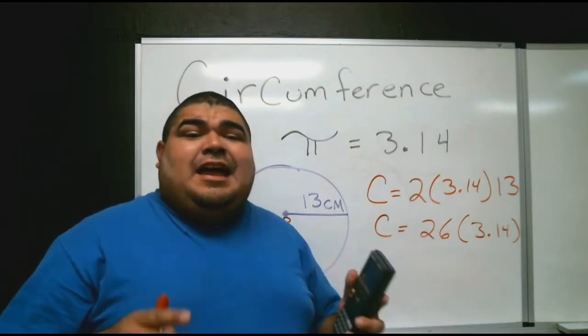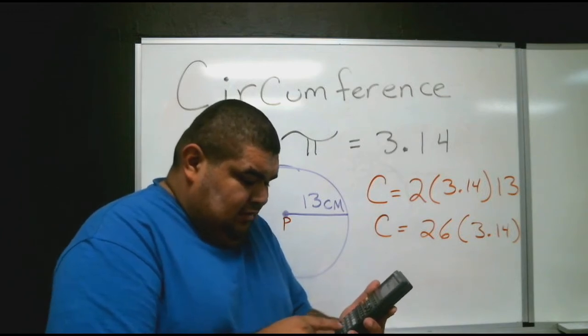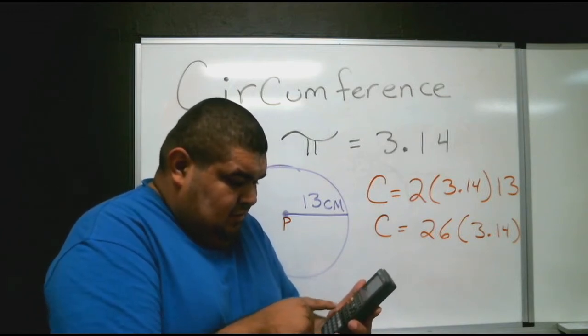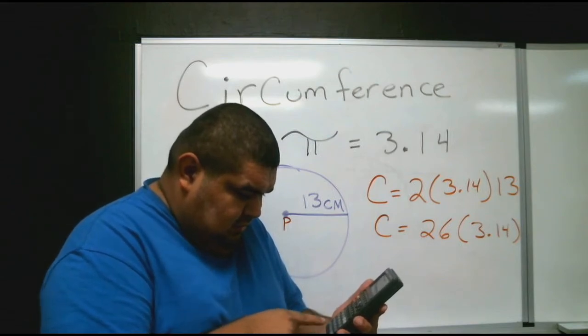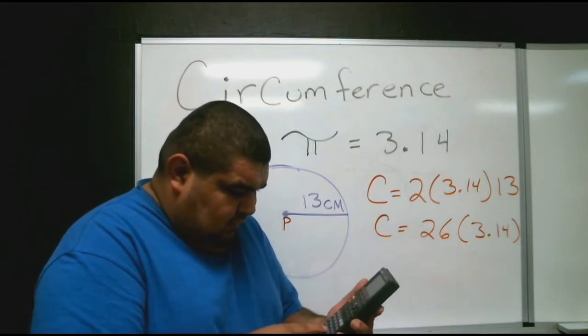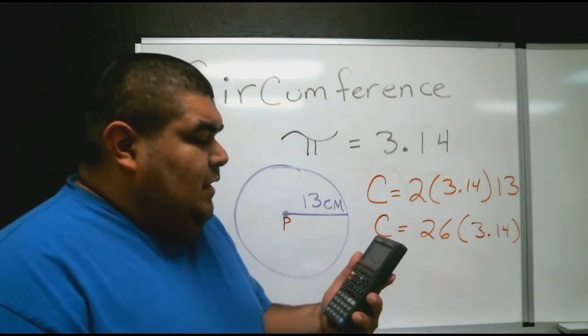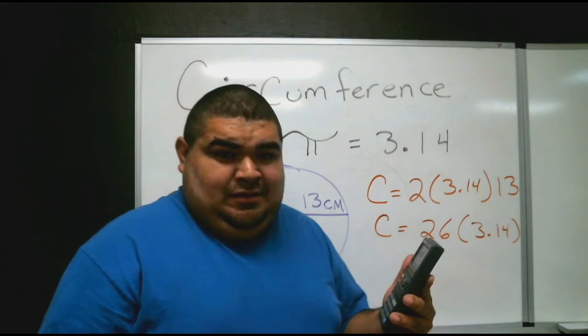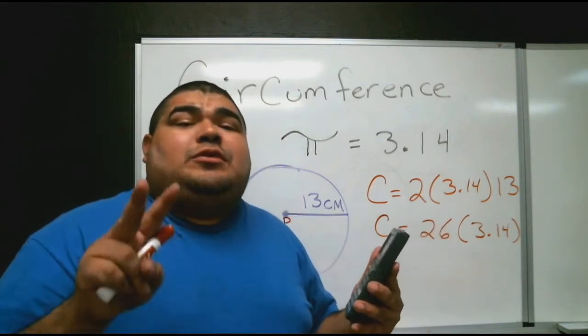If you plug in the actual pi, it should have given you 26 times, let me see, where's my pi here? Here we go, shift pi. 81.68140899. We're only going to round to 2 decimal places.